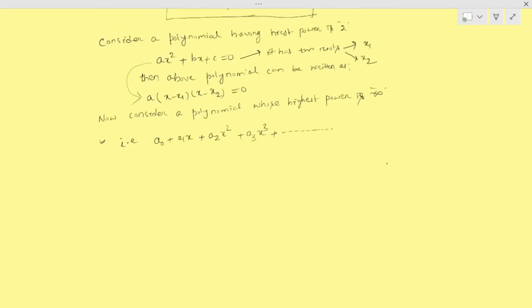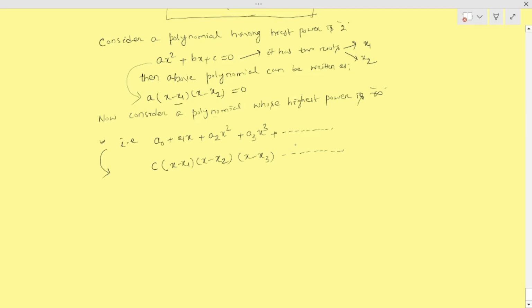So hence this polynomial can be written by infinite number of multiplication terms. That means I'm going to write some constant c into x minus x1 into x minus x2 into x minus x3 and so on. Because if we consider a polynomial having highest power 2, obviously this polynomial has two roots, so it can be written like this.